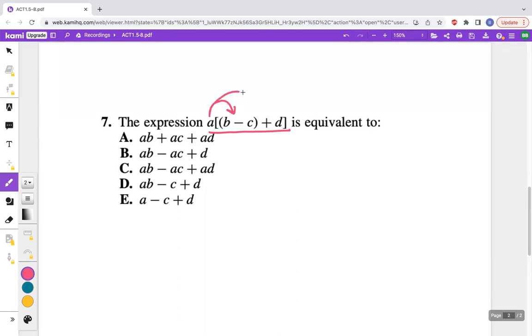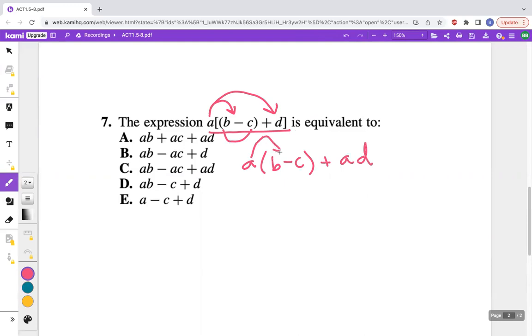So the thing that they're testing here is whether A is going to multiply B and C and D, or how. It's just asking if we know how to handle that. So what I like to think about is that this BC is just one term. So it's going to be A times B minus C plus D, or sorry, AD.